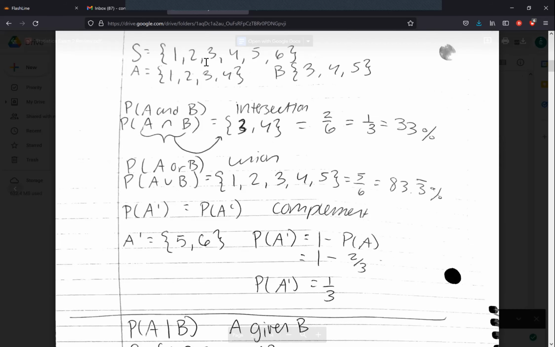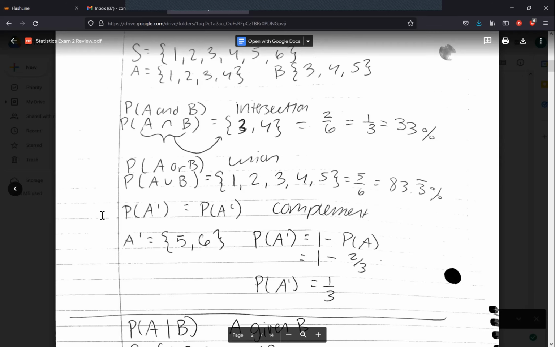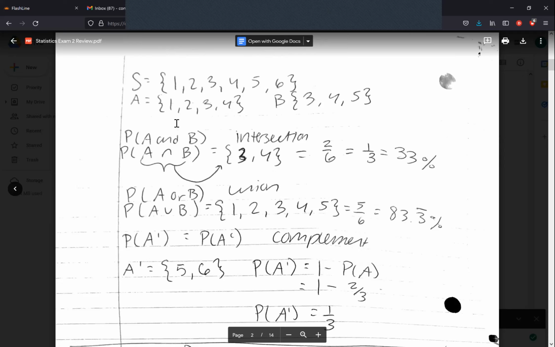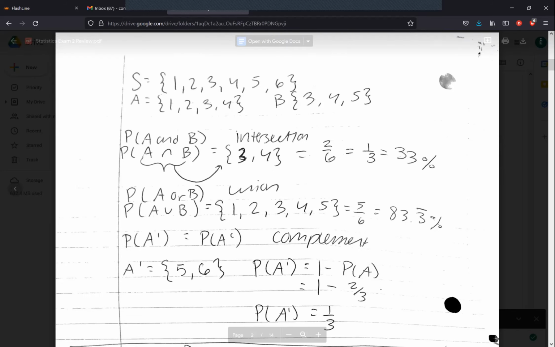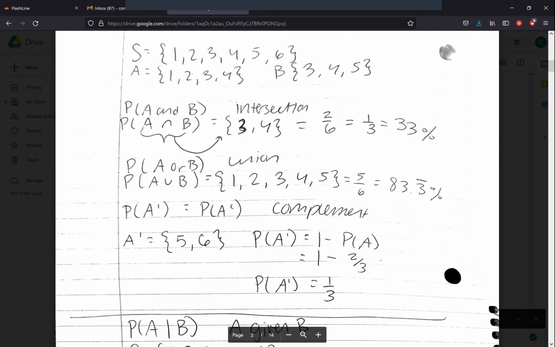So if we want to find A complement, that would be the values in the sample space that are not in A, meaning 5 and 6. And to find the probability of A complement, it is 1 minus the probability of getting A, so 1 minus 2/3. So the probability of getting the complement of A is 1/3.